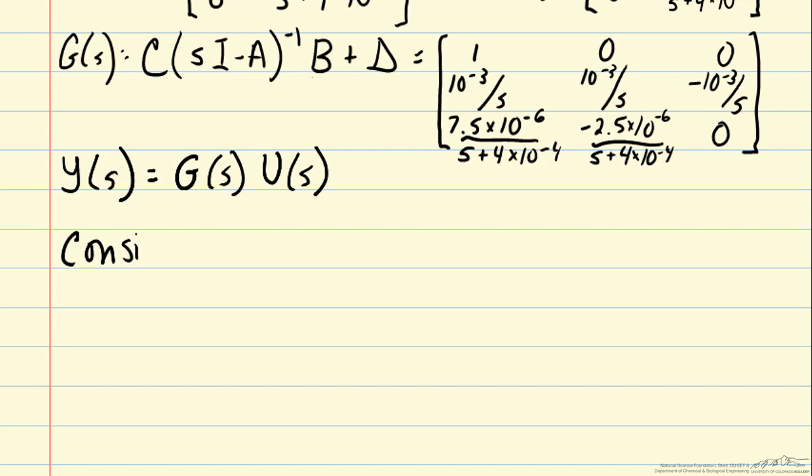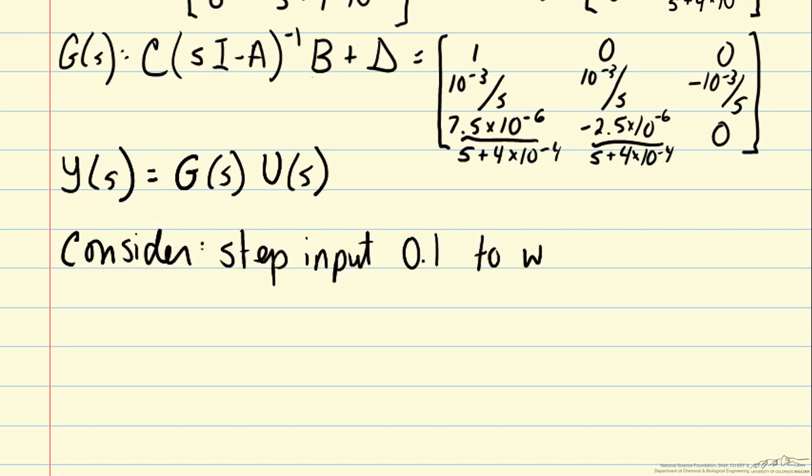So let's consider the step input of 0.1 to W1'(t), to our disturbance variable that we have considered in previous videos. So we'll have W1'(s) is 0.1, the height of the step, over s, since the Laplace transform of the step input is 1 over s.